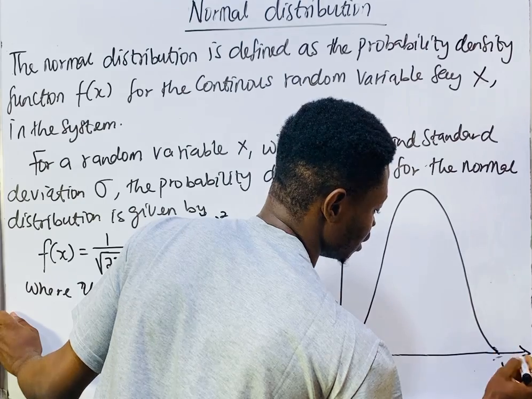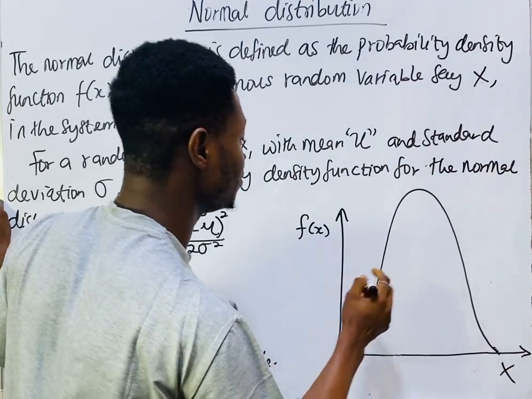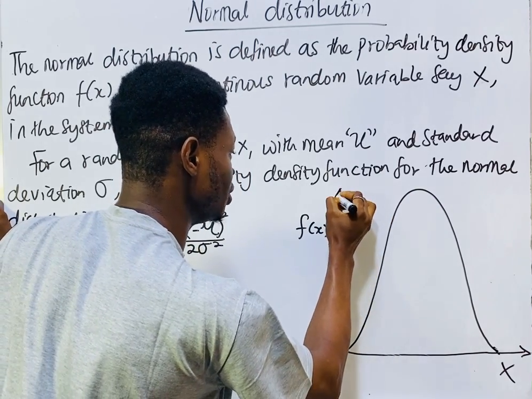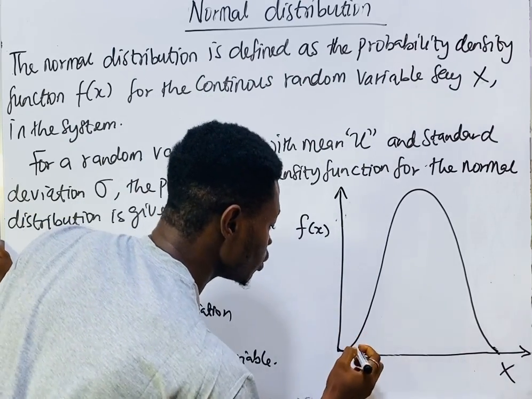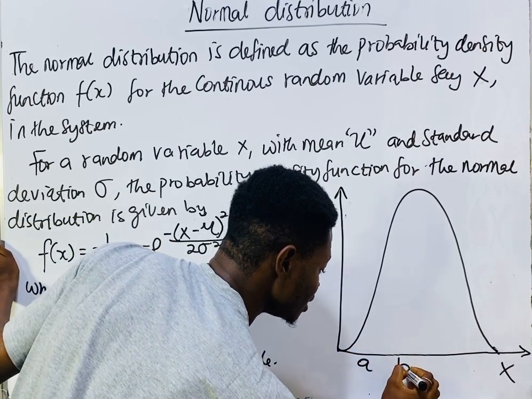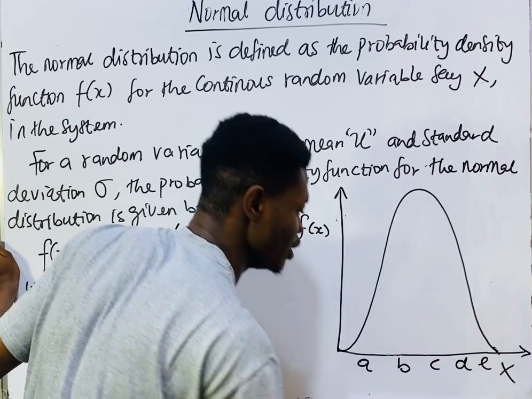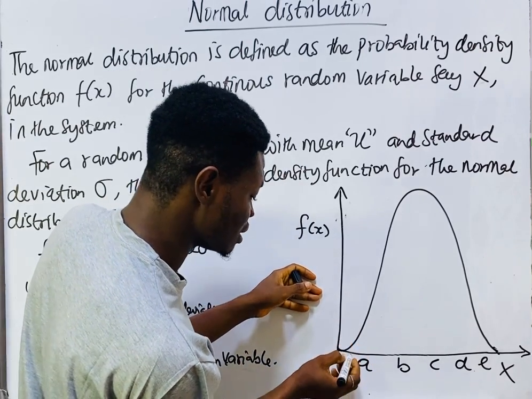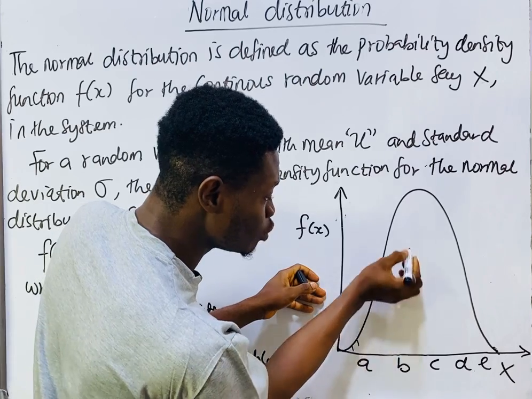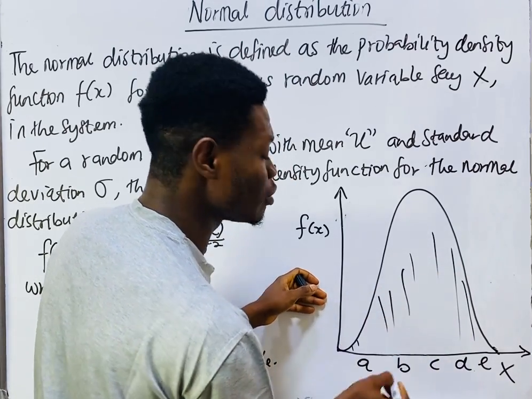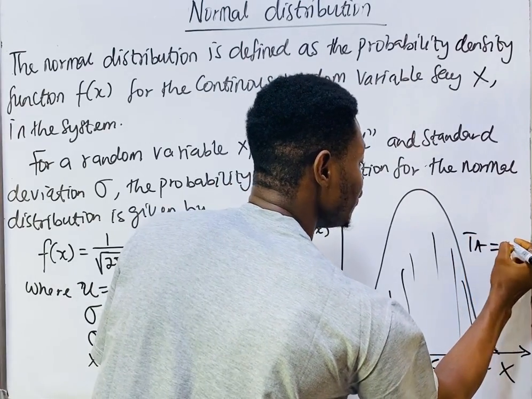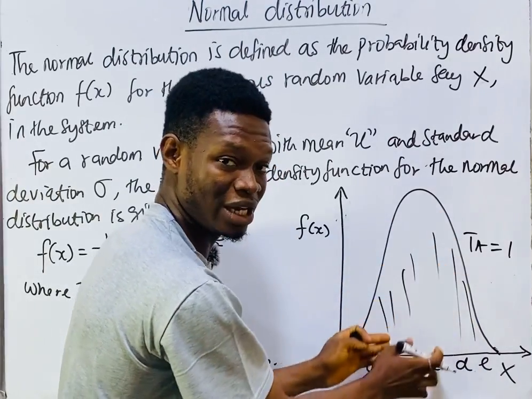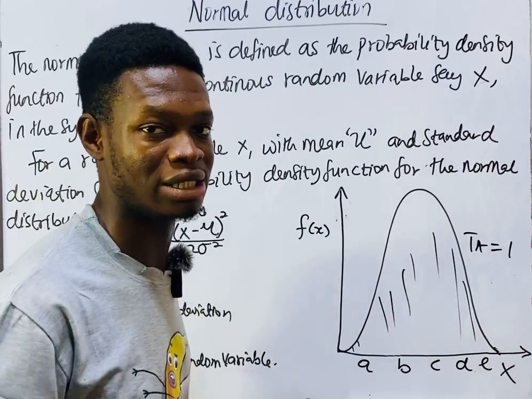This f of x is called the PDF, and suppose we have points here, A, B, C, D, E. The normal distribution is telling us that the area under this whole curve is equal to 1. The total area must give us 1.